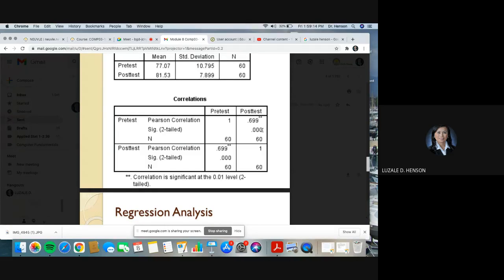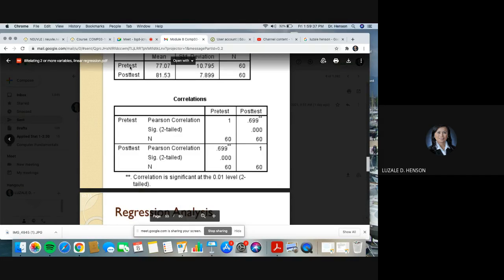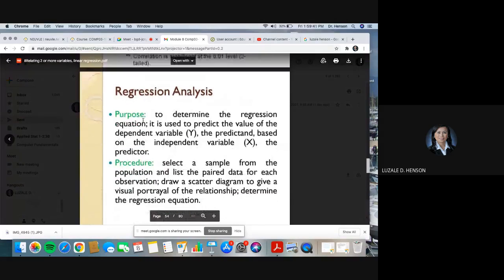So it's less than 0.05, meaning you reject the null. What is your null statement? There is no significant relationship between pre-test and post-test. And you reject that because, statistically speaking, there is a significant relationship. So, class, the pre-test score has something to do with the post-test score. Okay, so we're done with Pearson.